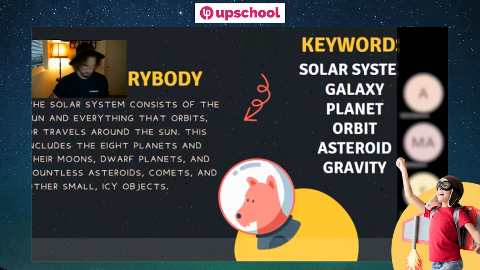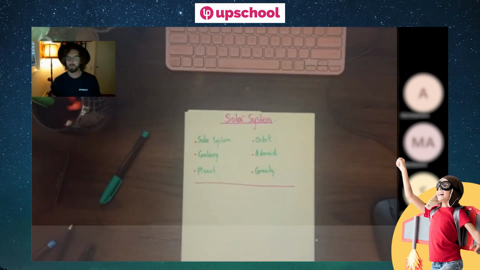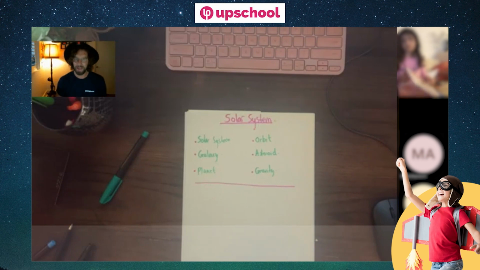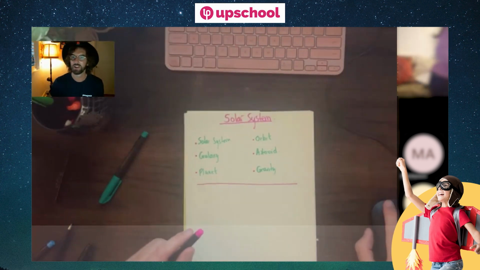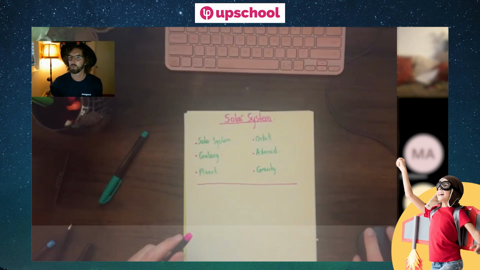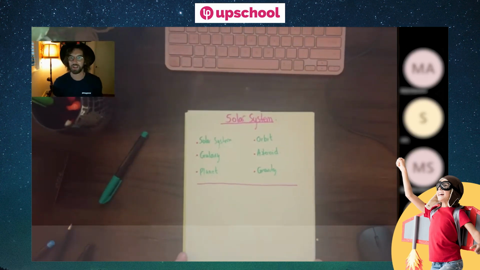So what we want you to do is just write them down in your book looking like this, and give them an underline. And what you might want to do at this point is talk to the person next to you and decide, do I know what any of those words mean? Have I heard them before? Have a conversation with the people around you to decide, do I know any of these words? Can I understand them?